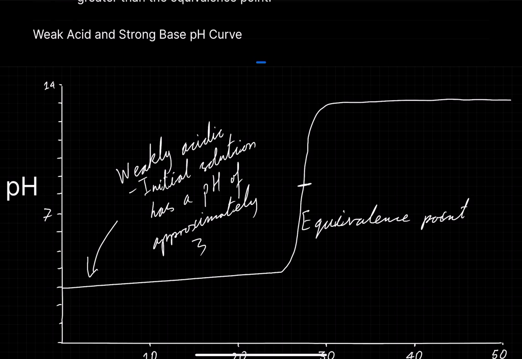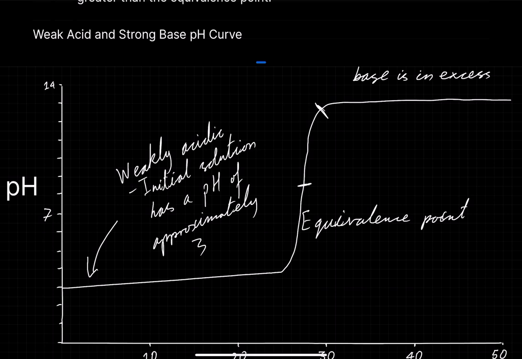And then the last point is that at this point here, we say that our base is in excess. When we've reached the end of our equivalence point, we say the base is in excess because there's more base than acid, and we have in our burette more base than we actually need to titrate this reaction, meaning that it's in excess.